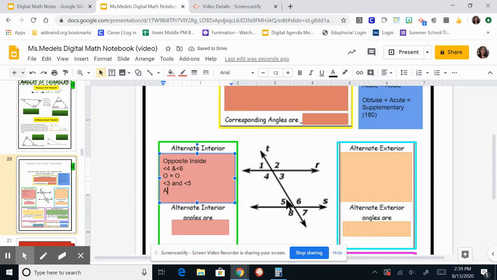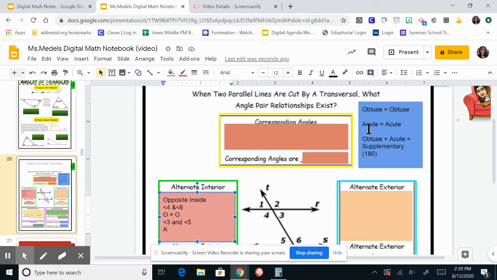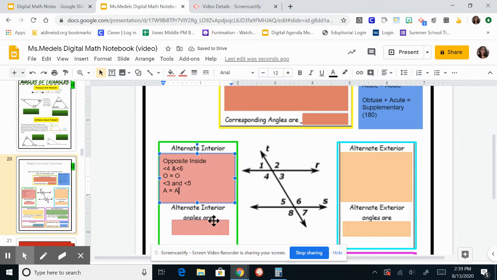And if I look at angle 5, that is also acute. So we go back to my reference, acute equals acute. So I'm going to write A equals A. So we can say that based on this, if 4 and 6 were the same and 3 and 5 were the same, we can say that alternate interior angles are also the same, or the better word would be to say that they are congruent. Okay, that is the math term for the same.